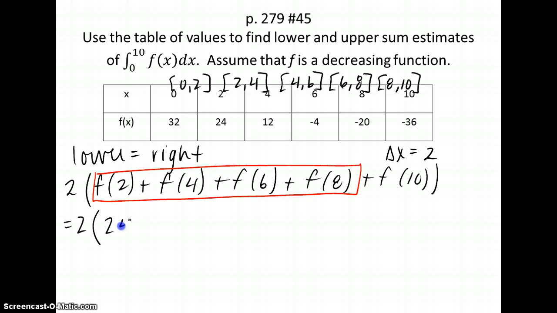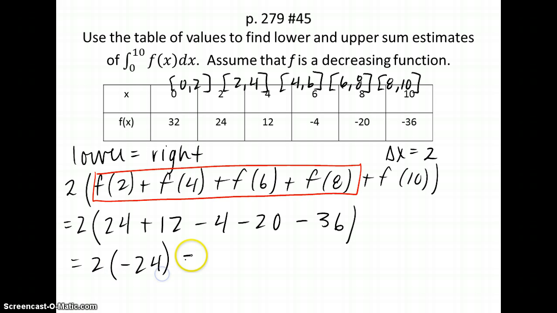Using the table of values again, they cancel each other out. 12 minus 36, negative 24, so 2 times that gives negative 48. So the area is between negative 48, which was our right endpoint approximation, and 88, which was our left endpoint approximation.